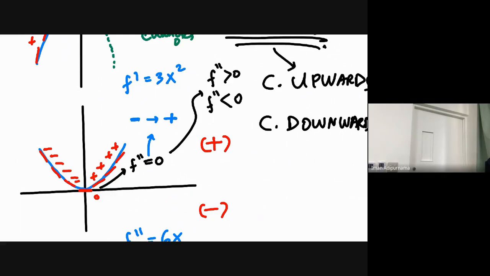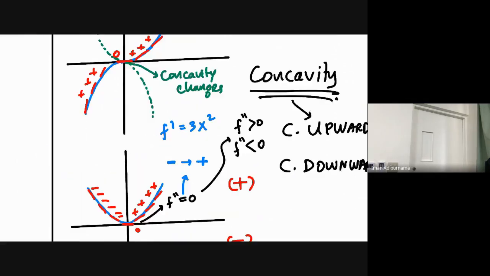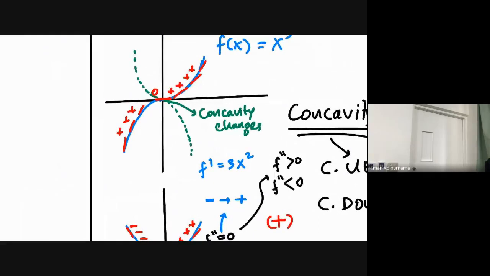If you see the picture, we bring back the original picture, so it changes from downwards and then upwards. Got it? Let me give you a few examples of how you use the concavity.